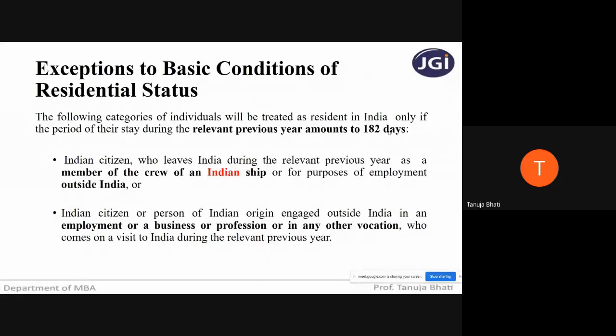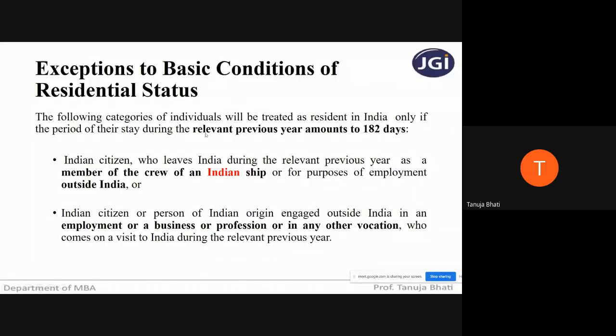For the rest of the others, you will check both the basic conditions as well as the additional conditions. But for a member of a crew of an Indian ship, or any person who's an Indian citizen and is going outside India for employment or business purposes, either self-employed or employed by some other entity, how will you determine his residential status? You have to check just one parameter.